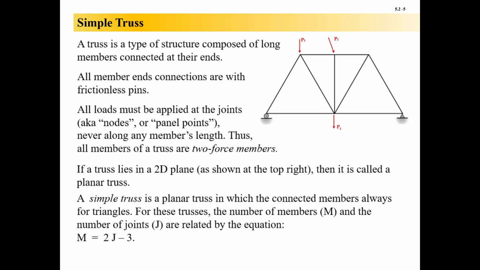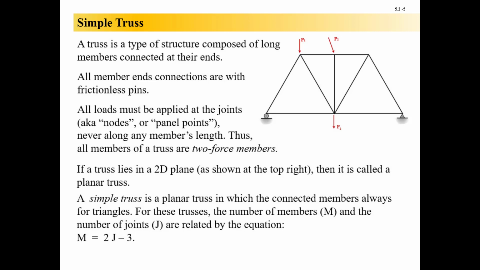Also, it says here that the loads must be applied at the joints and never along the member's length. Well, what about the weights of these members? Aren't they applied along their length? Don't these members want to sag under their own weight? As long as they're fairly lightweight, that's fine. And trusses usually have an order of magnitude or more higher capacity compared to the weights of their own members.